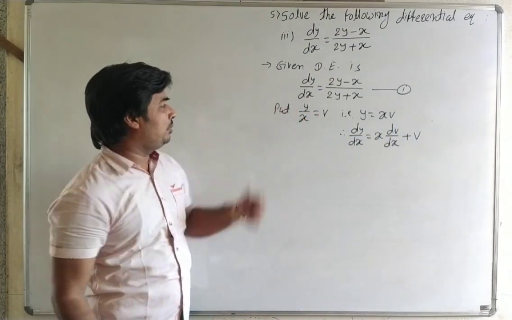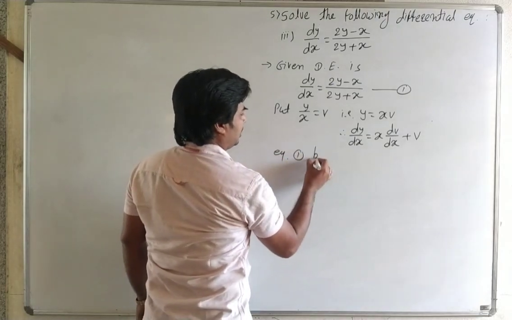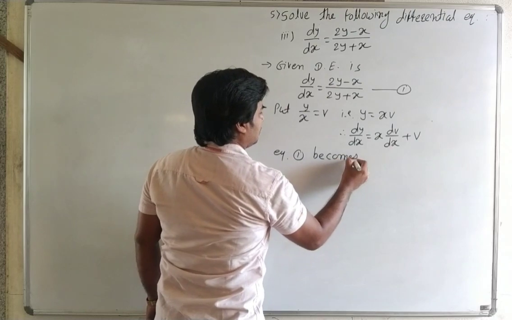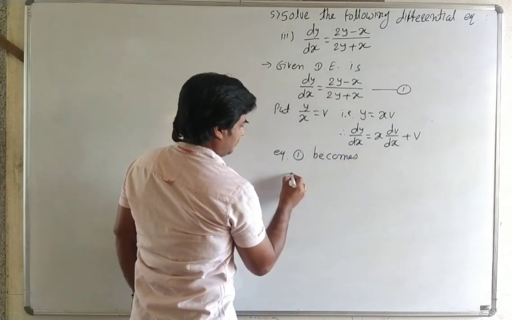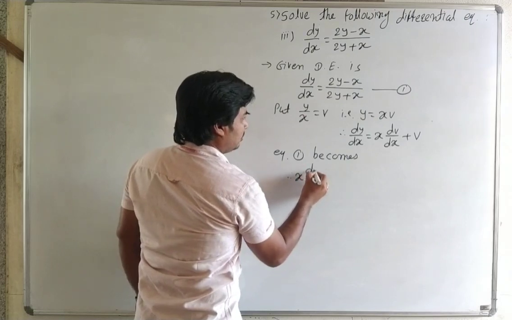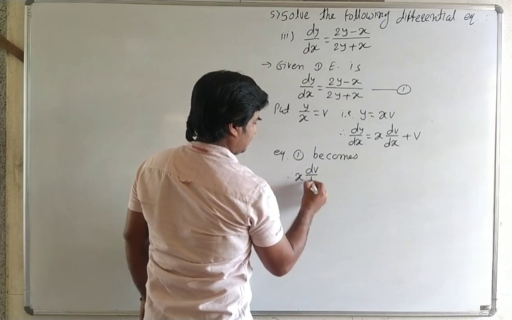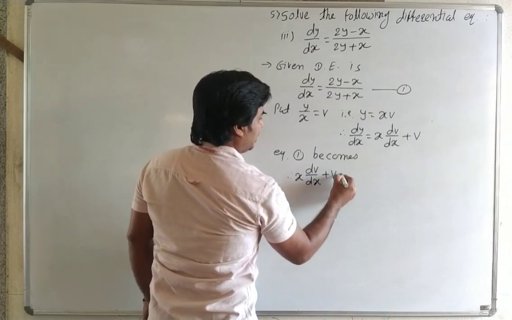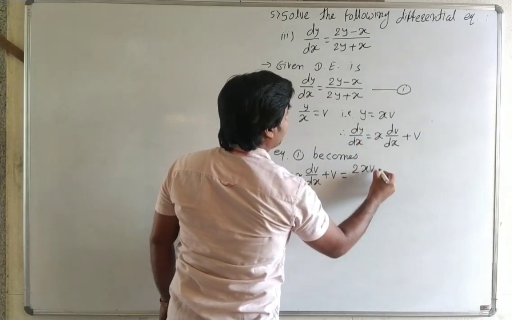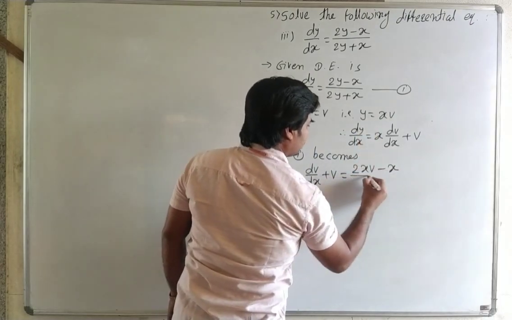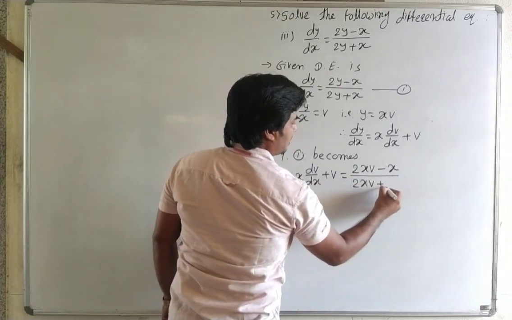Therefore our equation 1 becomes, see carefully this, dy by dx is this, x into dv by dx plus v is equal to 2 into y, that is x v, minus x upon 2 into x v plus x.